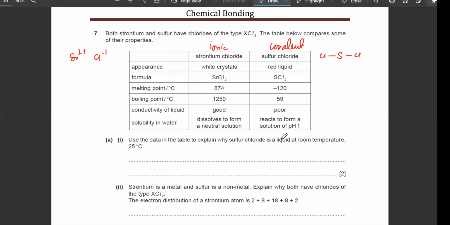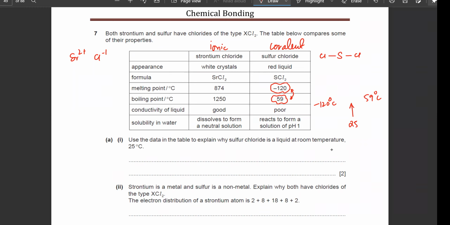Use the data to explain why sulfur chloride is a liquid at room temperature, 25. If the temperature is between the melting and boiling points, it is a liquid. You've got minus 120, that's the melting point, and you've got 59 degrees centigrade, that's the boiling point. So 25 would come right in the middle.